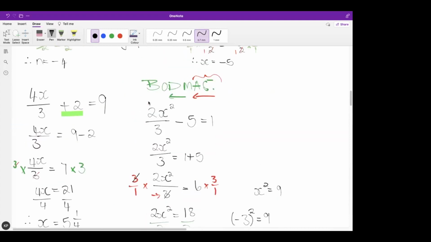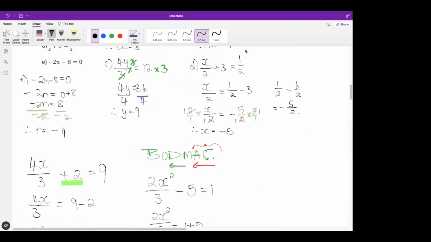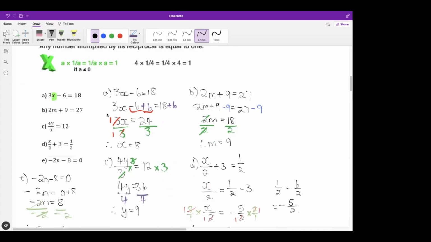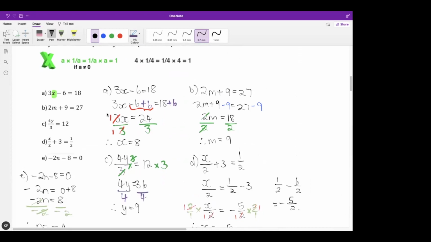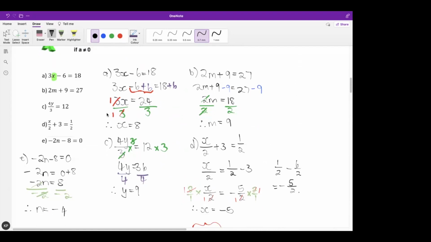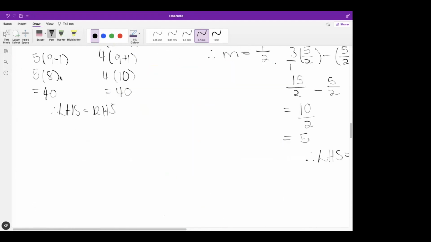Like, how do we know if I'm going to have 3 solutions or 2 solutions or 1 solution or no solution? Look here, guys. When our x didn't have an exponent, how many solutions did we have for x? 1. And if there's no exponent, then my exponent is 1.